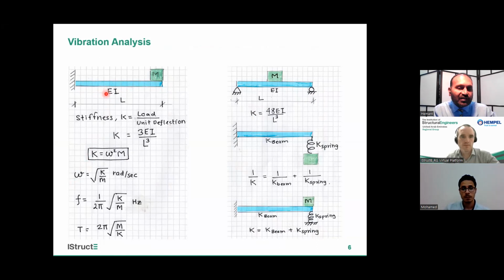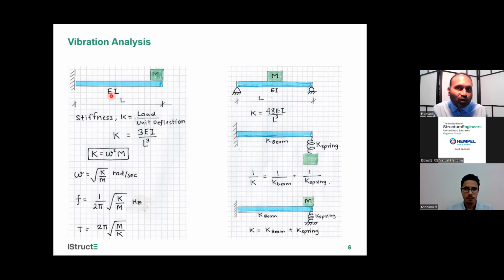It will be given in kilonewton meter square or Newton mm square, with mass at the tip. Why do we calculate the frequency of a beam? To make sure it does not fall in resonance with human walking or human frequency. So when we design a beam, we check our beam has a frequency more than 4 Hertz.